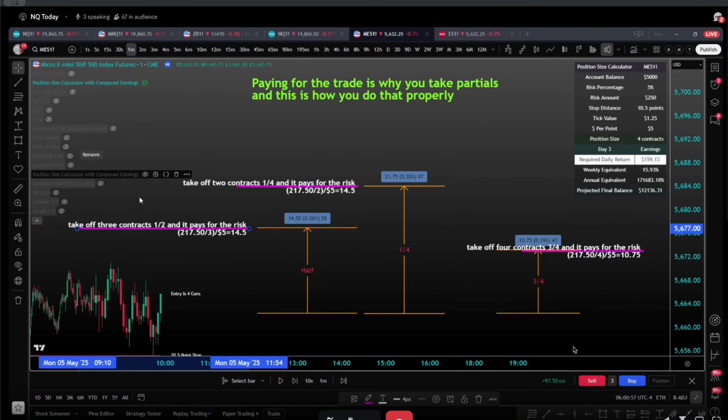All right. So, with that being said, to move forward, we've talked about how to properly position size. We talked about risk per trade versus fixed contracts. We talked about stop locations. We talked about the TP being incorporated into the model. We've talked about how to take partials properly.